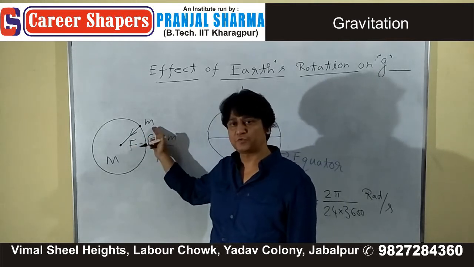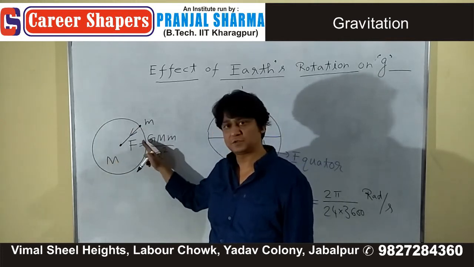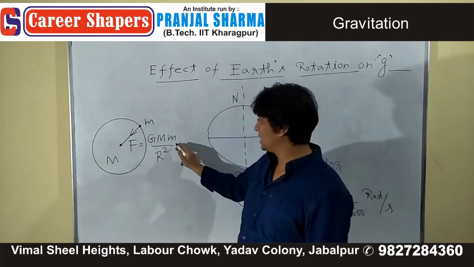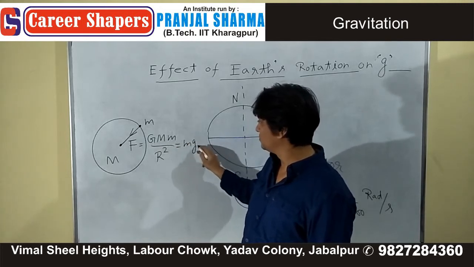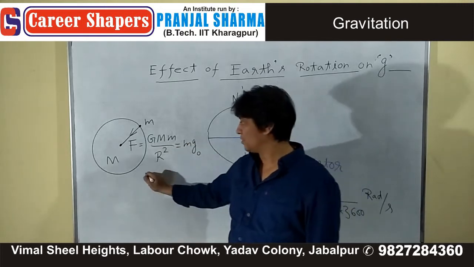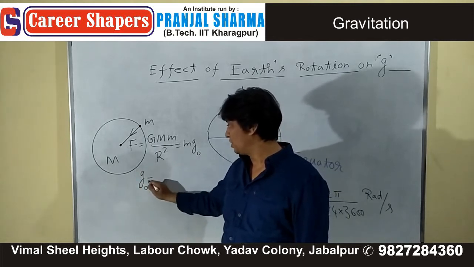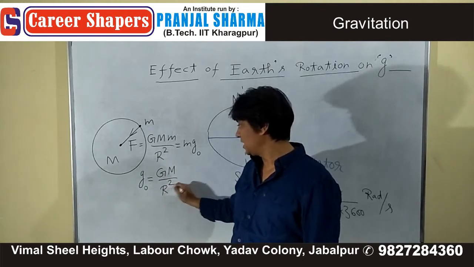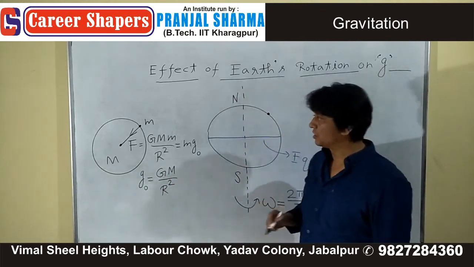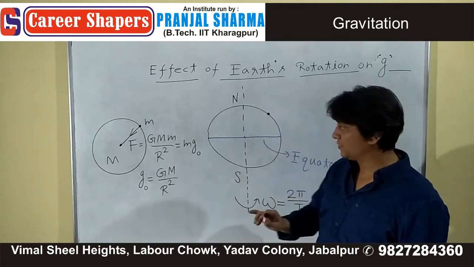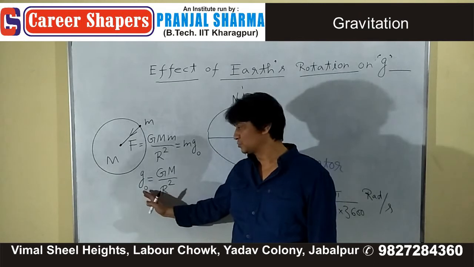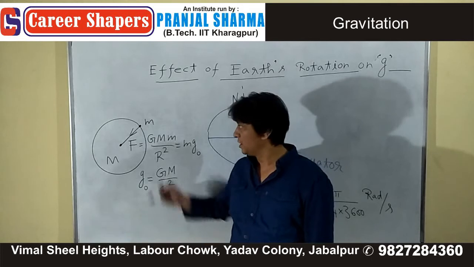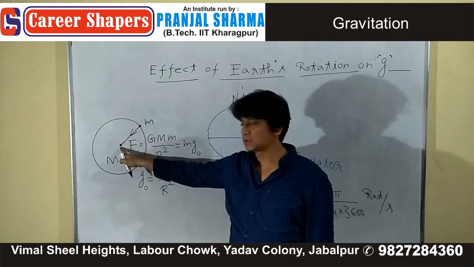Since you are present on the surface, you can consider all of its mass at the center. So this force is something which you call mg naught. From this we get g naught as GM divided by r square. So if Earth is not rotating, then somebody is going to feel this much gravitational acceleration, GM upon r square, which is directed toward the center of Earth.